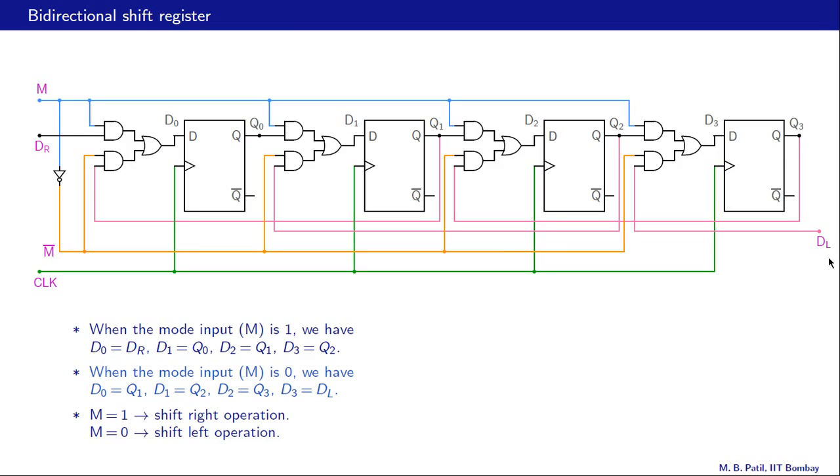So that is the connection that we are talking about now. And with an active clock edge, this DL gets loaded into this flip-flop. Whatever was Q3 will now come here, whatever was Q2 will now come here, and so on. So in summary, with M equal to 1, we have the shift right operation, and with M equal to 0, we have the shift left operation.